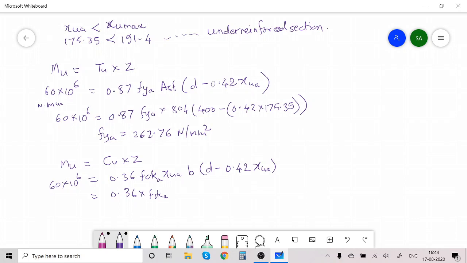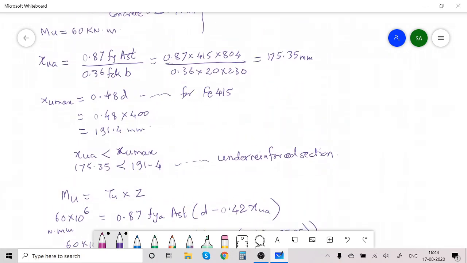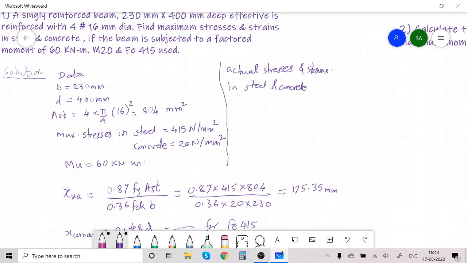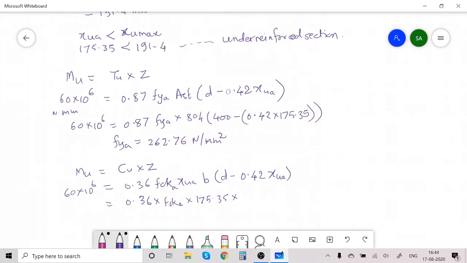XU actual is 175.35. B, the width of the section is given as 230.